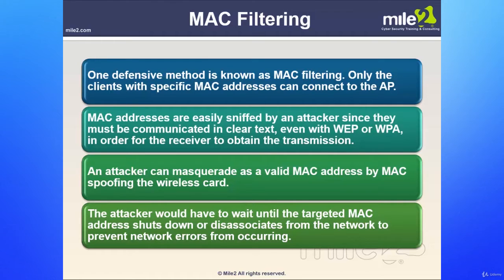Remember, the MAC address is the physical address of the network card. So we're definitely going to need the MAC address information when it comes to cracking WEP and cracking WPA. We're also most likely going to need that SSID. We'll talk about a few of those items as well.